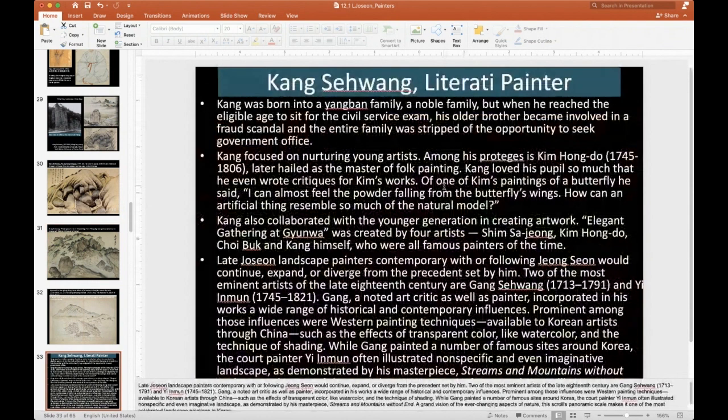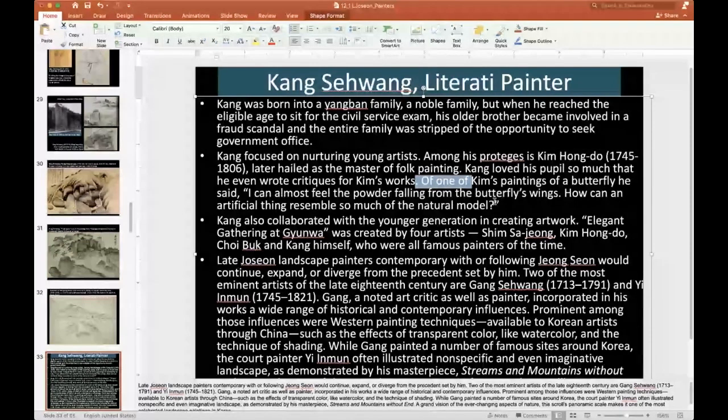So here, Kang Se-hwang really admired Kim Hong-do's talent. Of one of Kim's paintings of a butterfly, Kang Se-hwang said, quote, I can almost feel the powder falling on the butterfly's wings. How can an artificial thing resemble the natural model so much? Unquote.